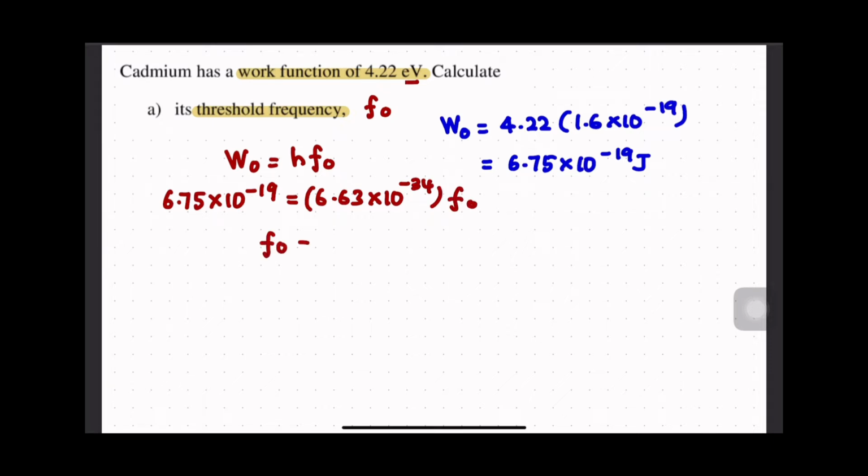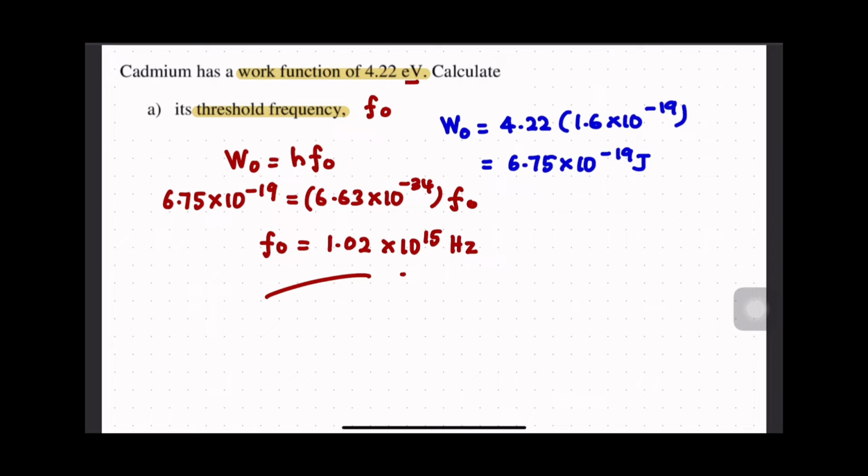So f0 that we get is 6.75 exponent negative 19 divided by 6.63 exponent negative 34. So you will get 1.02 times 10 to the power of 15 Hertz. Simple, right?